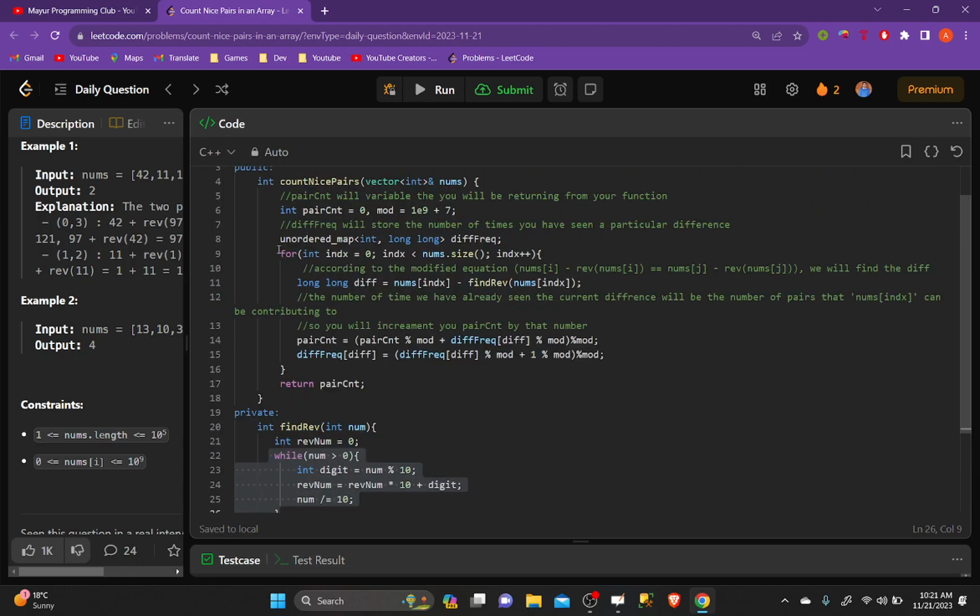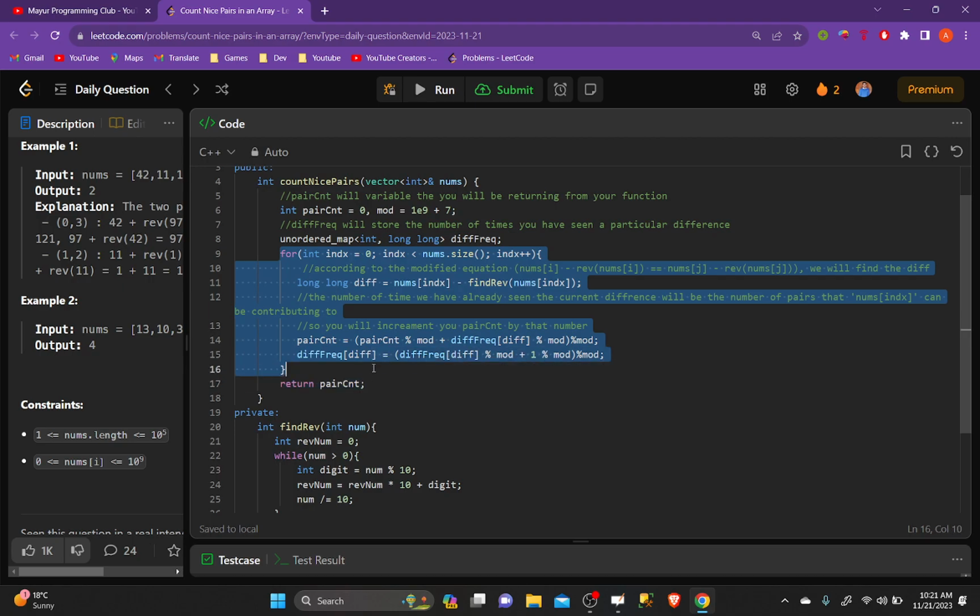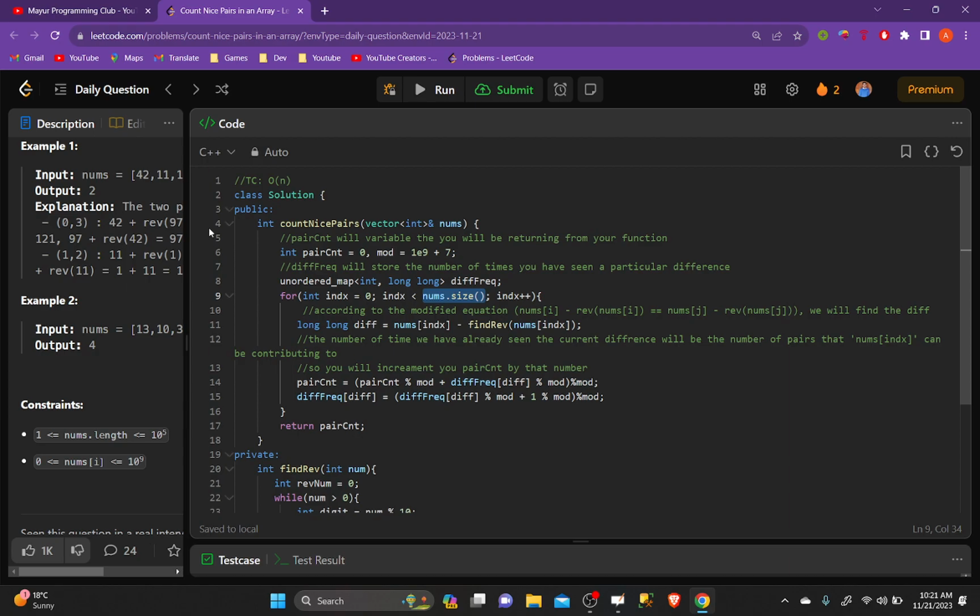And this is just a single for loop running till the size of your given nums array. So it will be order of n, where n is the size of the nums array given to you.